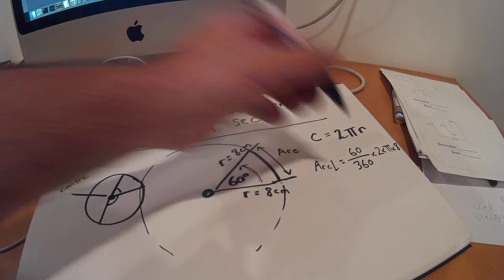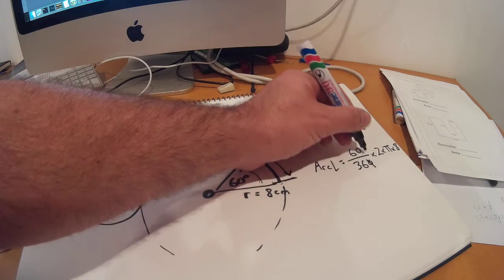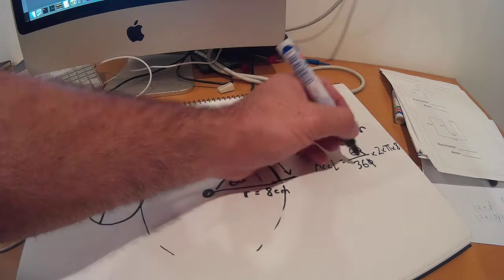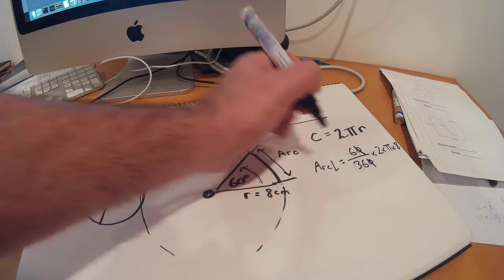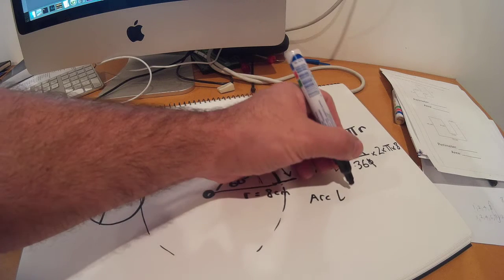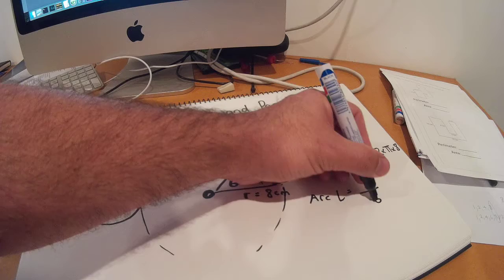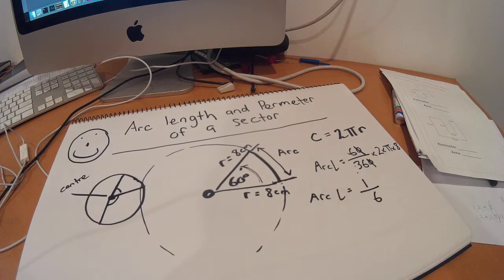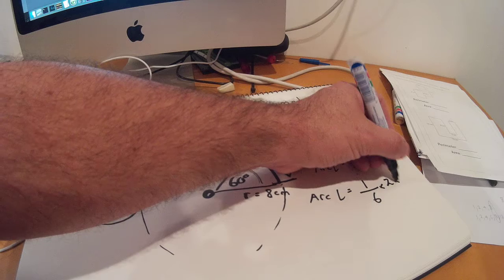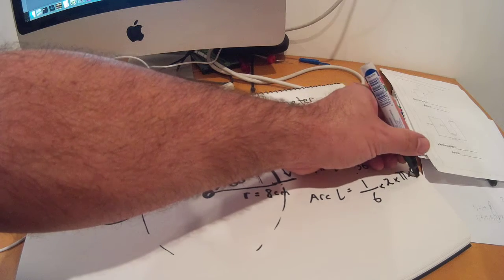We can cancel down our zeros, because it's a fraction, and we can also divide the top and the bottom by 6, so we can say arc length is equal to 1 over 6, because 6 over 36 is 1 over 6, times 2 times pi times 8.